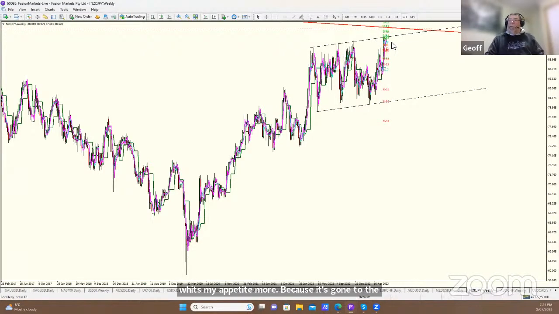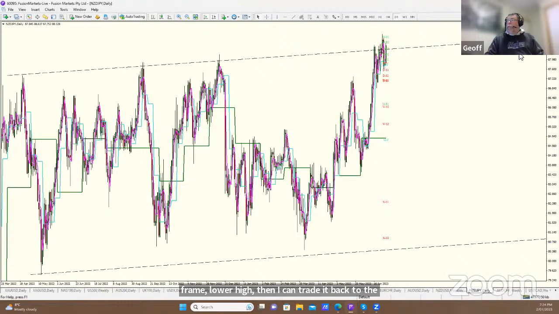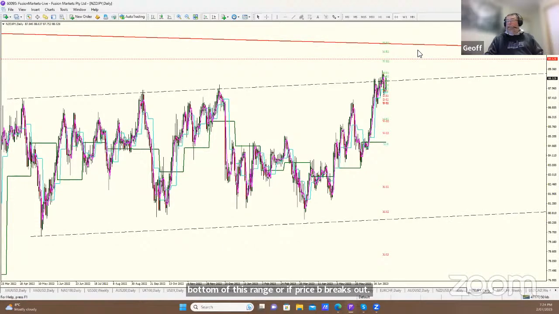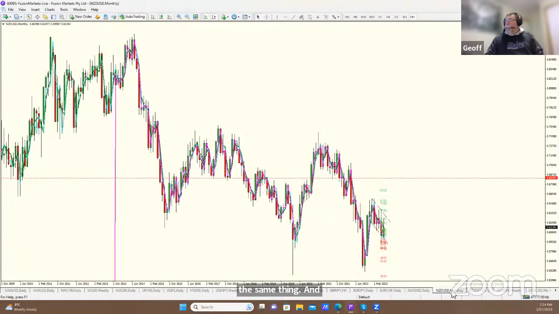So I've got 2 things going for me here. One, need a reversal bar, and I've got that on the smaller time frame, lower high. Then I can trade it back to the bottom of this range. Or if price breaks out, then I look for this confluence area to look for exactly the same thing, reversal and lower high.